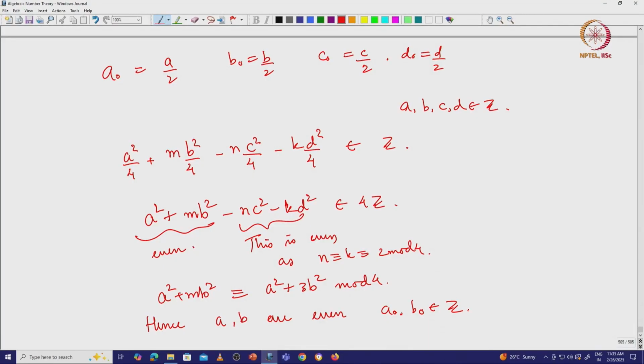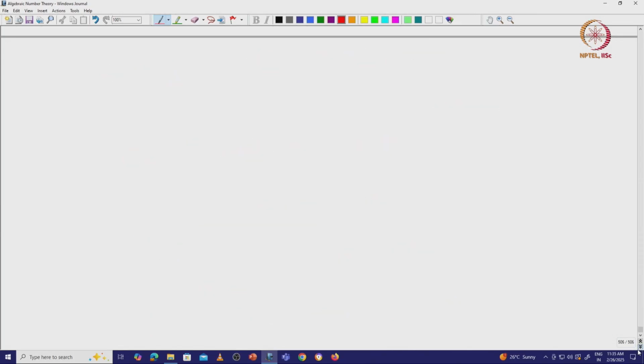Right, and in any case this means that n c squared plus k d square is congruent to 0 mod 4, and this implies that c is congruent to d mod 2, right.